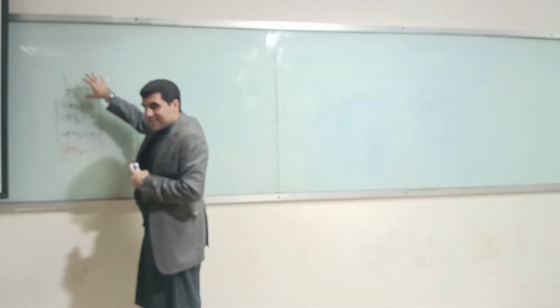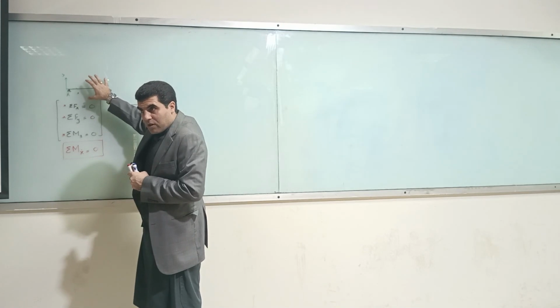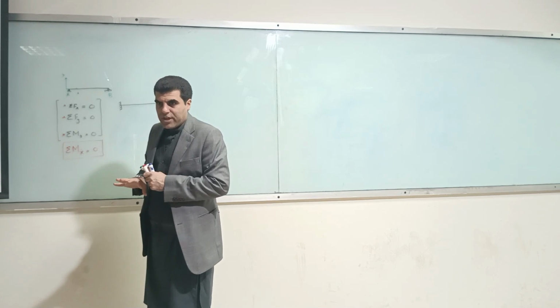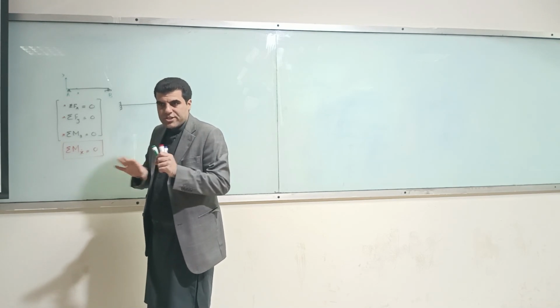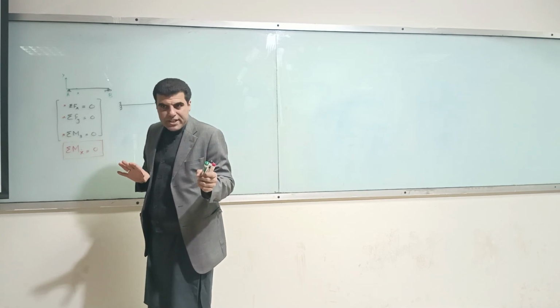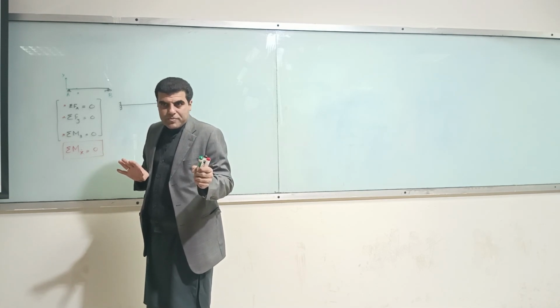So if your number of available equations are equal to the number of unknown reactions, then those types of structures are called determinate structures. Those structures have got no redundancy. What do we mean by redundancy?